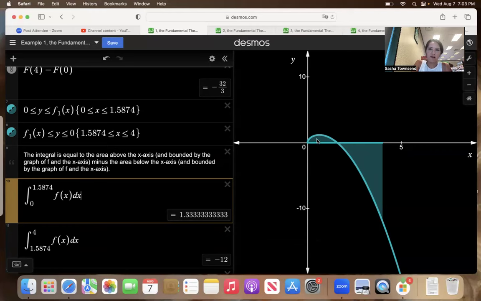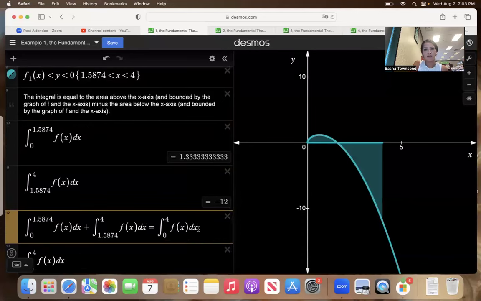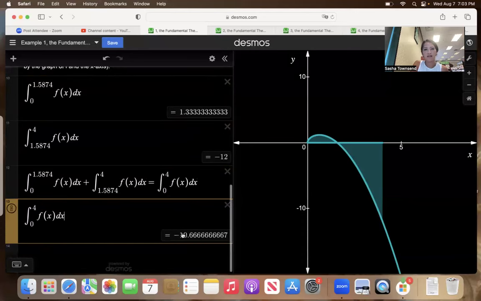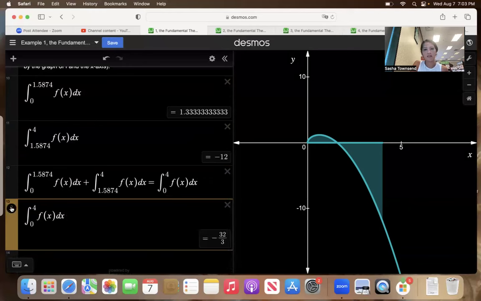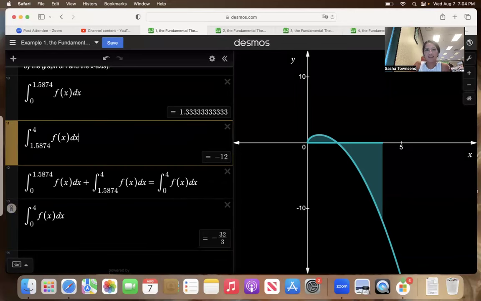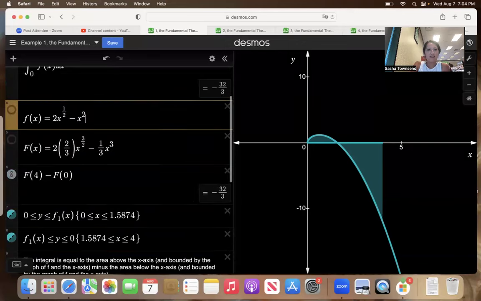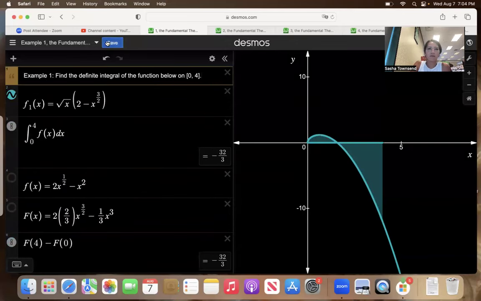That area is about, it looks like, 4/3. And then if we take the 4/3 and we add the negative 12, I think we get negative 10.6 repeating, or negative 32 divided by 3. So that's 4/3 minus 36/3, which is negative 32/3. So yep, that's right. That's how we do that. So that's our first example.